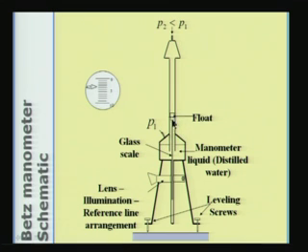This float stays at the meniscus of the water in this tube, and to the bottom of the float is connected a glass scale, which is dipping into the lower chamber. This is a small tube into which the glass scale dips.